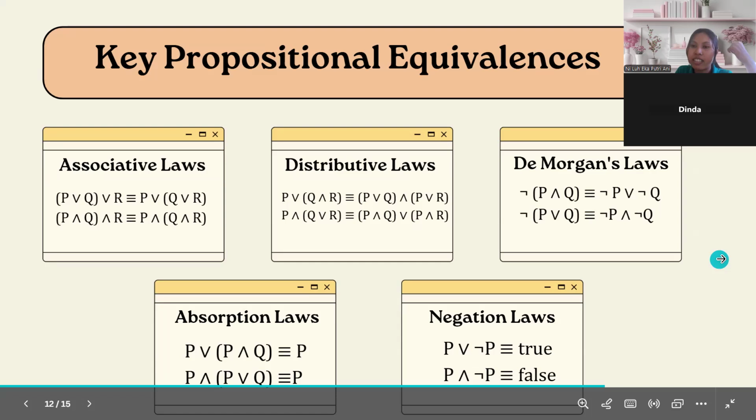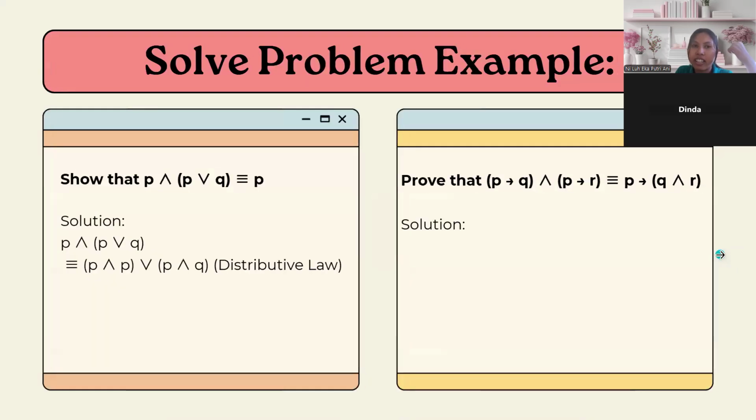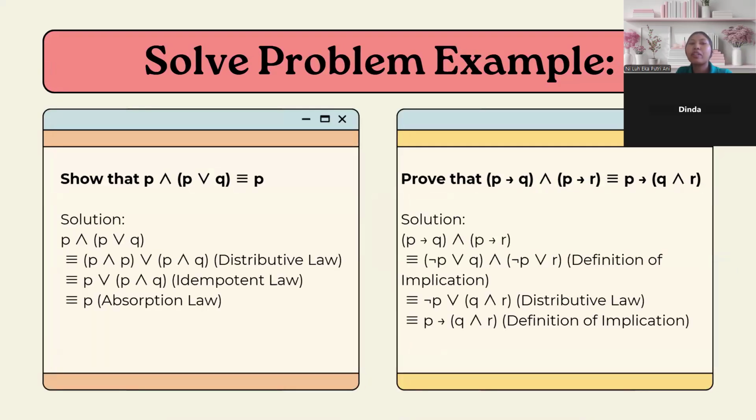Yes, Miss. Okay, next. I also have solved problem examples for you. The first one: show that P and (P or Q) is equivalent to P. The solution of this problem: P and (P or Q) is equivalent to (P and P) or (P and Q).